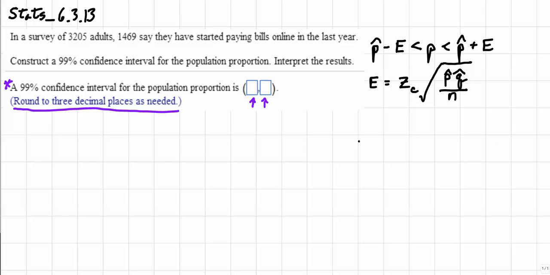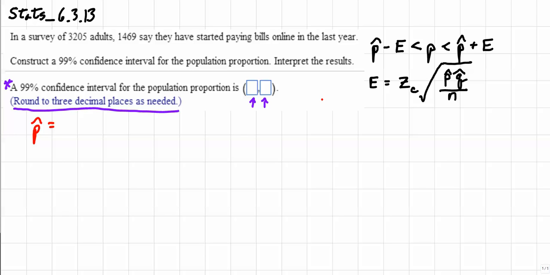So first off, let's define what p hat is going to be. As I said, that is our point estimate, and in order to find that, we take x and divide by n.